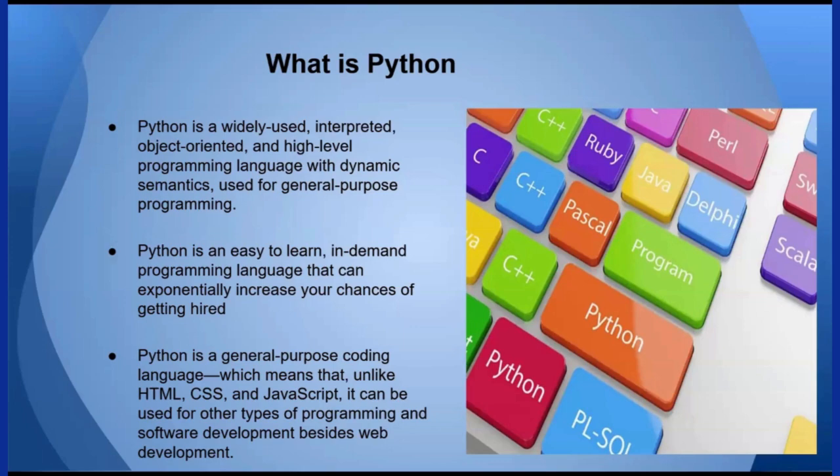Correct. We say dynamic semantics because in Python, while declaring any variable, you don't need to declare the data type of the variable. Whatever value you assign to the variable, according to that, it will automatically assign the data type. Okay. So these are the basic things about Python.